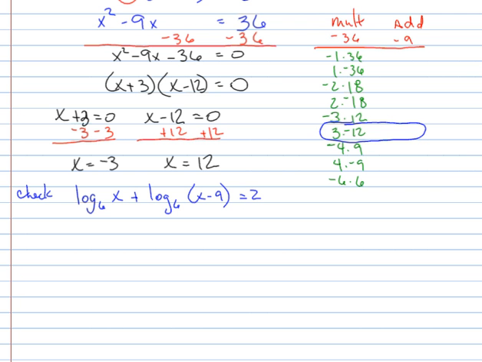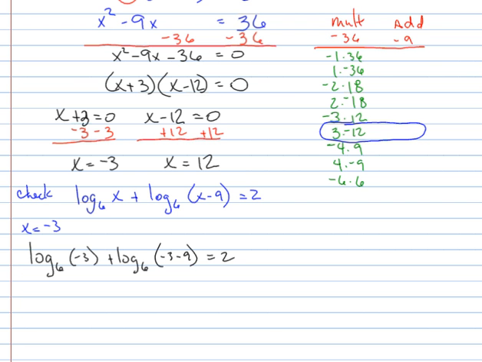I'm going to check first the x equals negative 3. So that's going to give me the log base 6 of negative 3 plus the log base 6 of negative 3 minus 9 is equal to 2.